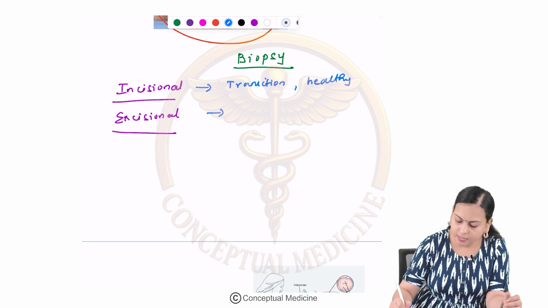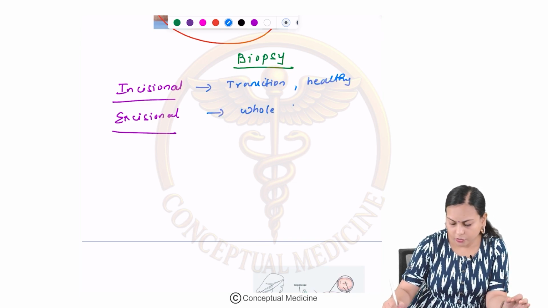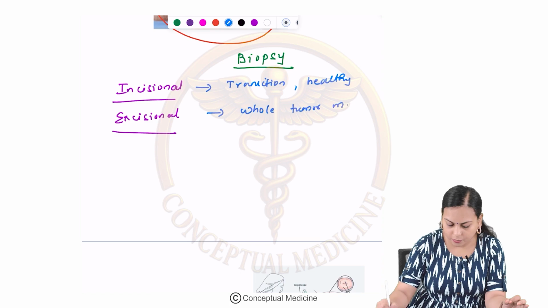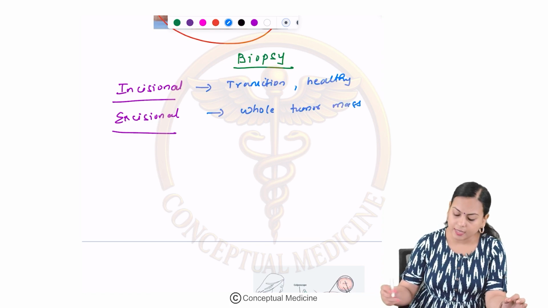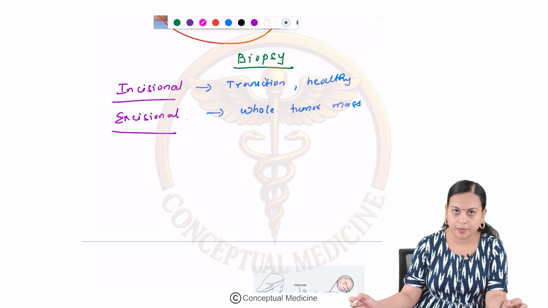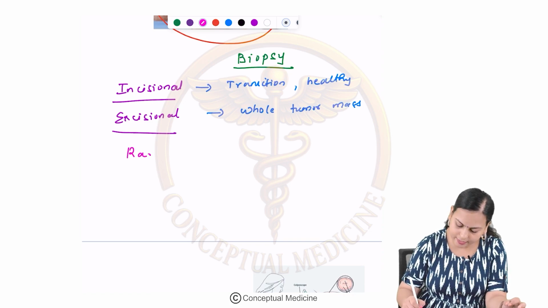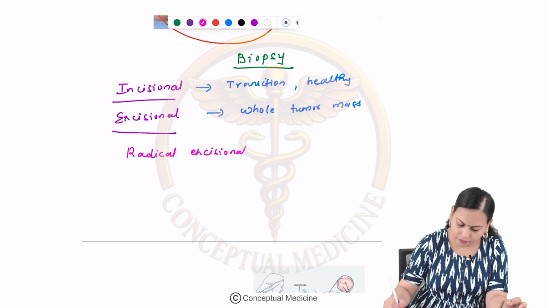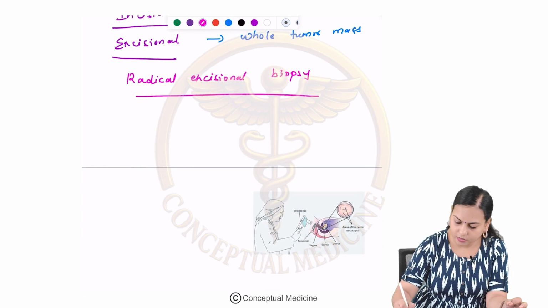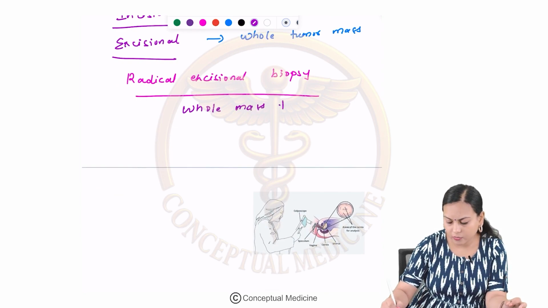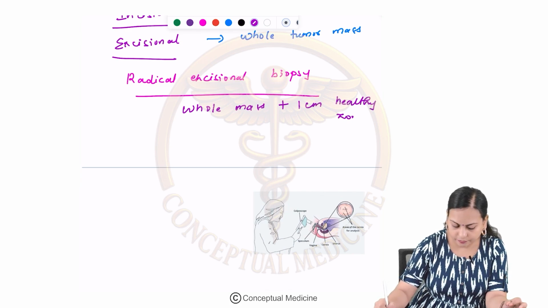Excisional biopsy means the whole tumor mass will be removed as such. Okay. There is also another type of biopsy, that is radical excisional biopsy, where you will remove the whole mass and also the surrounding 1 centimeter healthy zone as well.